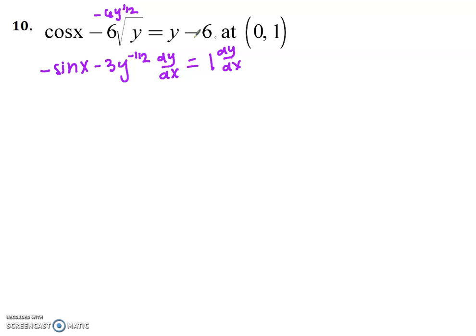Okay? So I have more than 1 dy dx. So I'm going to take this term, move it over. So that'll now be plus 3y to the negative 1/2. And I'm going to go ahead and move that down to the bottom.